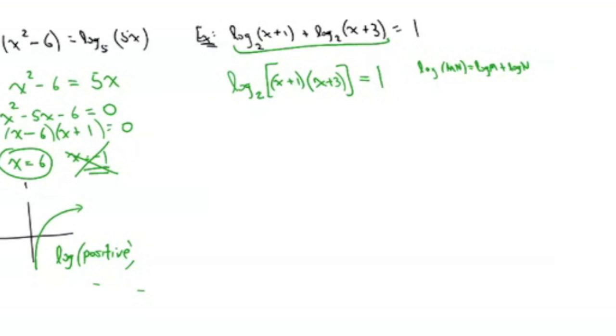Second thing we can do now. This is a logarithm of something very ugly is equal to a constant. Well, I can't work with it as a log anymore. So if you can't work with it as a log, what can we change it into? Well, all logarithms can be converted into exponentials. So if I'm going to convert this into an exponential, what's the base?